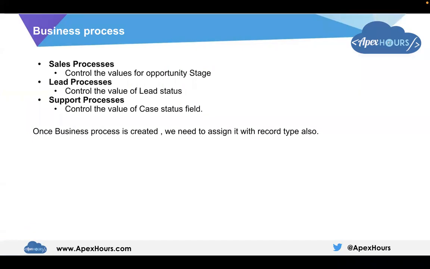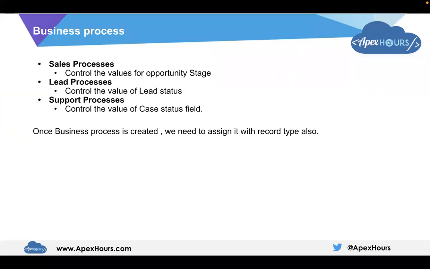These processes are aligned with business-specific terms. In the sales process we usually use opportunity. If you want to control the values of the opportunity stage field, we need to create a sales process. We cannot do it directly via record types.